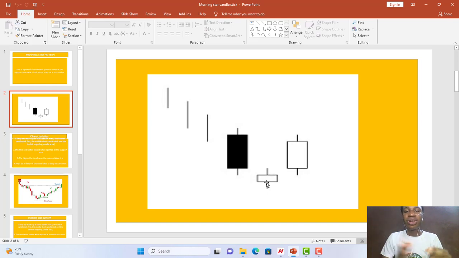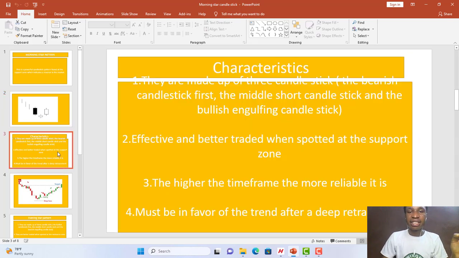This is known as the morning star candlestick pattern. Remember the characteristics: they are three candlesticks, effective and better traded when spotted at a support zone. Either you wait for the downtrend to be exhausted, giving you this three-candlestick confirmation, or you allow an uptrending market to make a deep retracement to the downside, then giving you this three-candlestick confirmation for your buy.